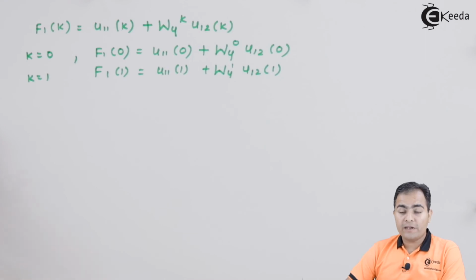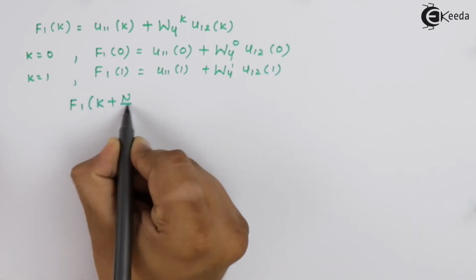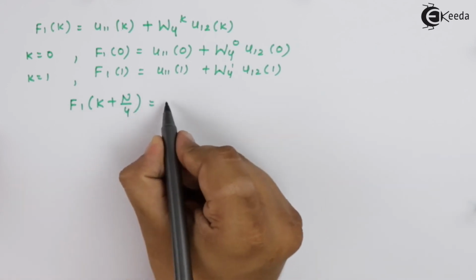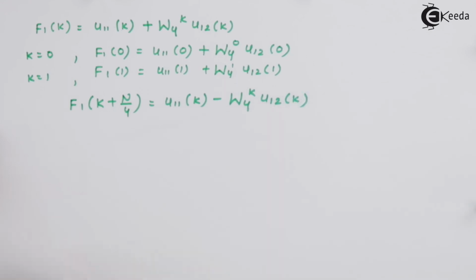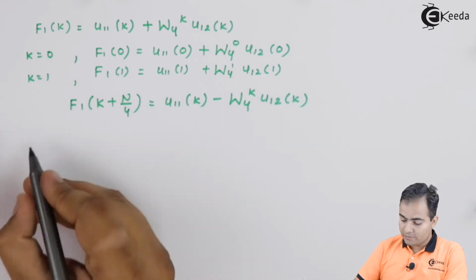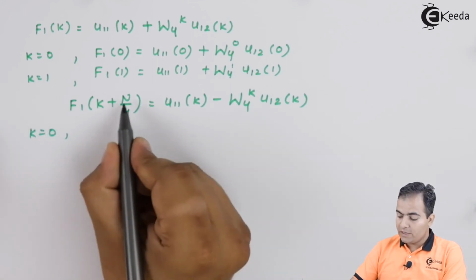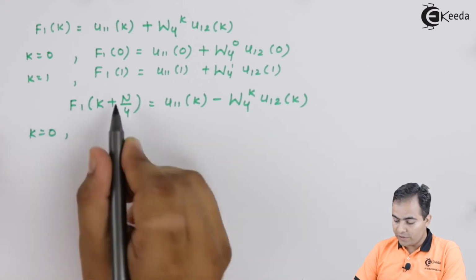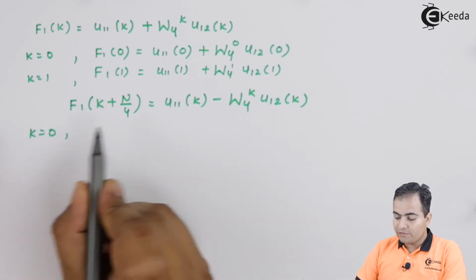Now what about the delayed part? Here also we'll substitute the k values, which vary from 0 to 1. So first of all, for k equal to 0, as this n value is 8, 8 by 4 is 2, so this 0 will be added with 2.